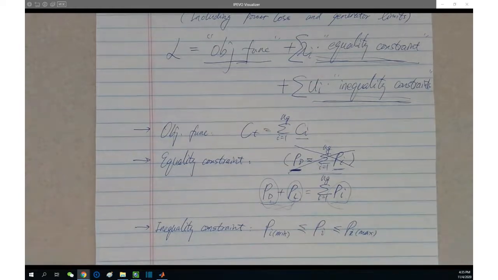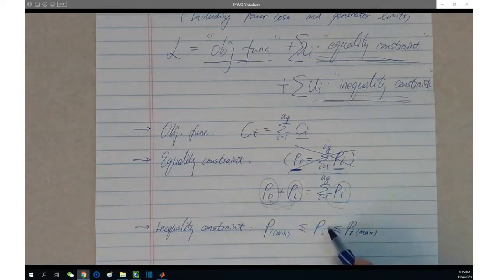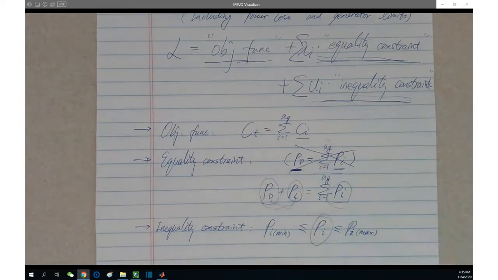This is the individual generator's generated power, limited to a range. So this is the limit of the generator, which is an inequality constraint.